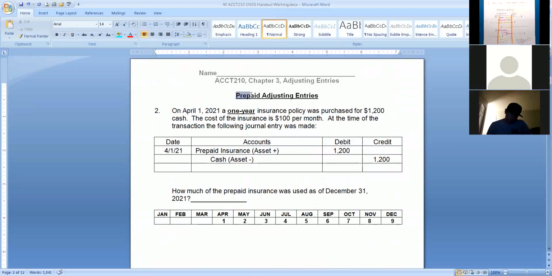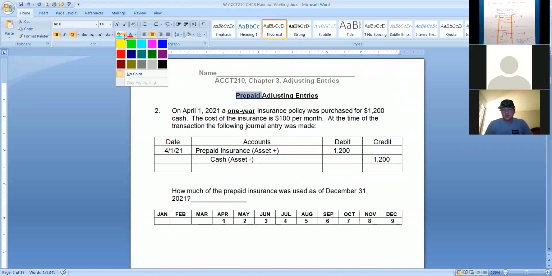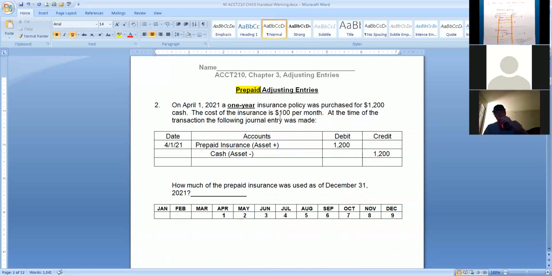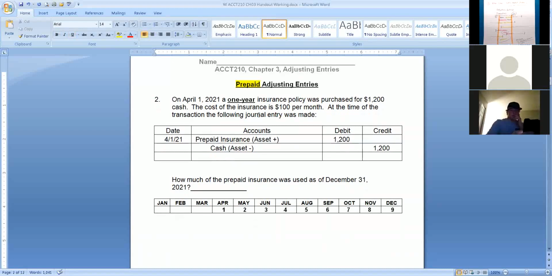Okay, so prepaid entries. What just occurred to me? The color that's missing from my palette up here is orange. There's no orange. I'll just have to live with that, I guess.